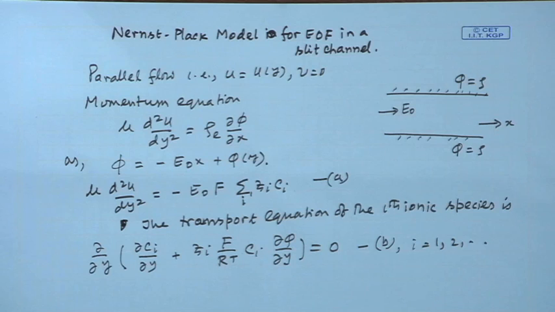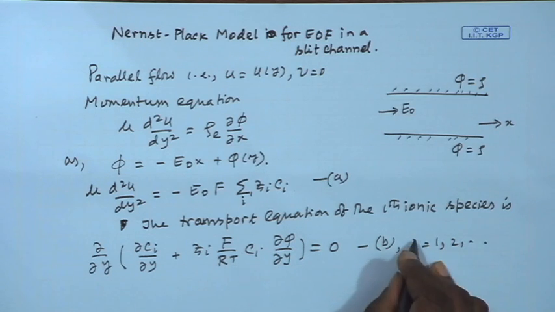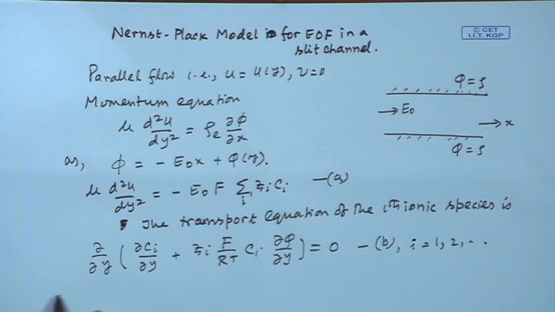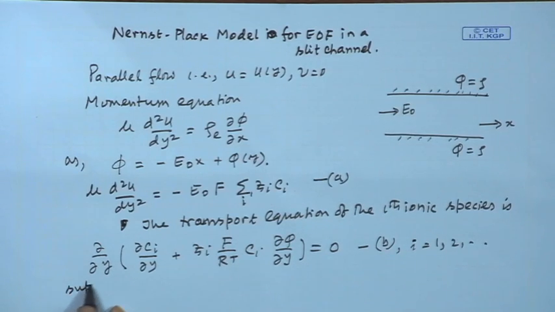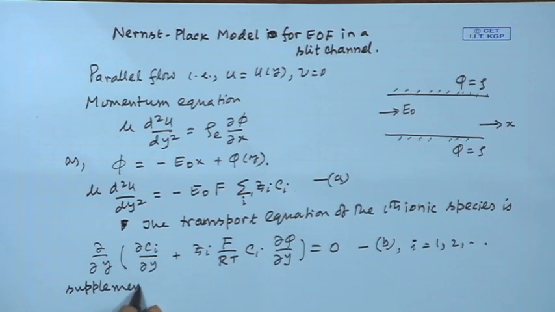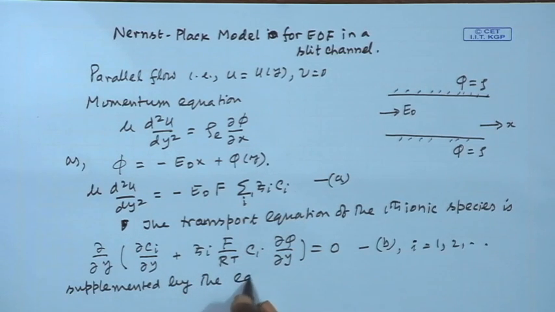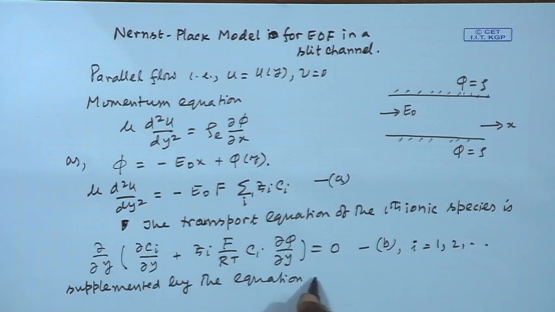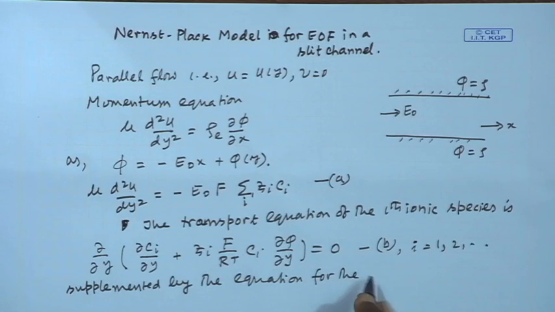So, also the Poisson-Boltzmann equation, we must have the symmetric electrolyte consideration, and this is supplemented by the equation for the electric field, or the electric potential.